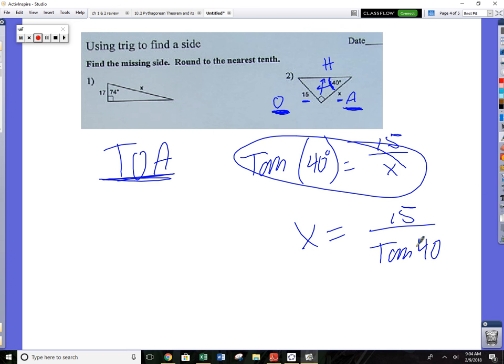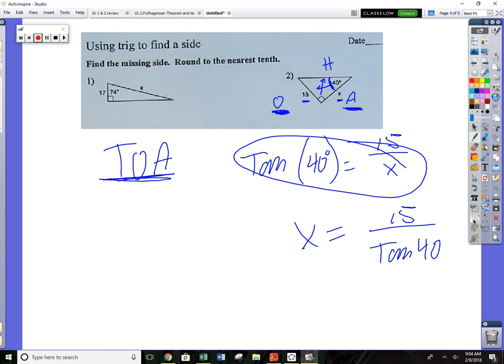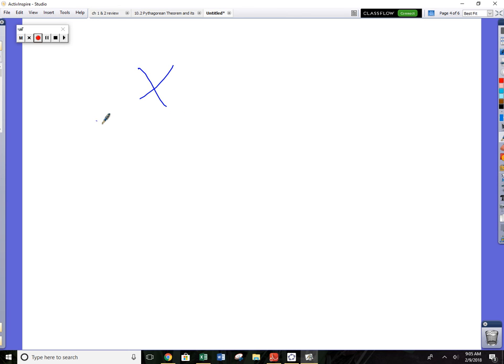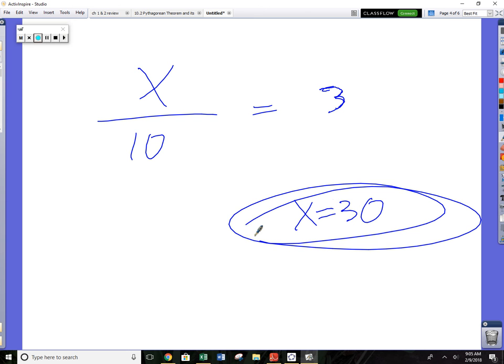But now, there are going to be some where x is on the top. Let's look at some where x is on the top. What do you do if you got this? So if you have like x divided by 10 and your answer is 3. Let's mental math this. What number divided by 10 is going to give you 3? 30. X is 30. Now, Mariah, how did you get 30?